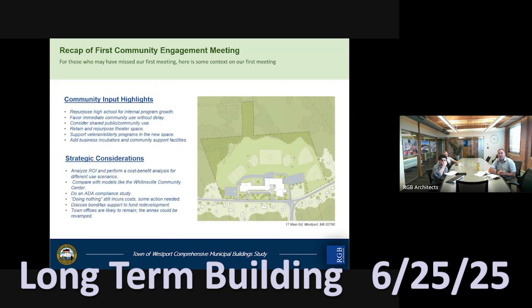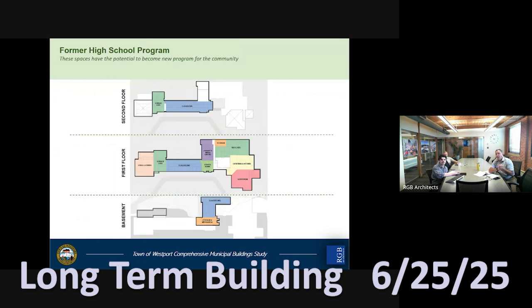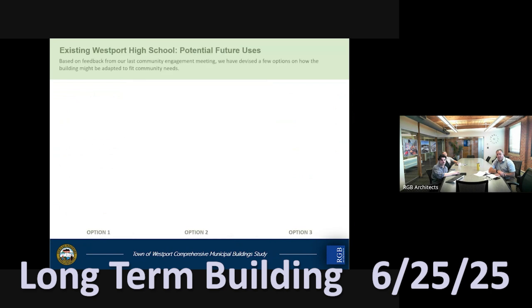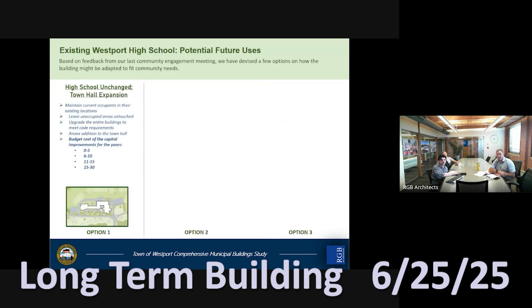So we looked at the highlights of the community conversation, what things should be considered. Again, recapping this, it really hasn't changed from last time, but I know Jim didn't get a chance to see it. We looked at the high school layout, how it's currently used, or how it could be used per floor level, what its potential uses could be.